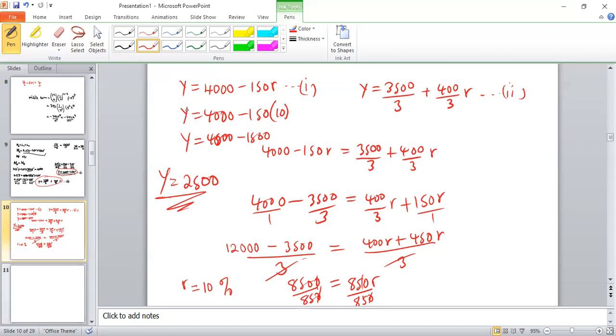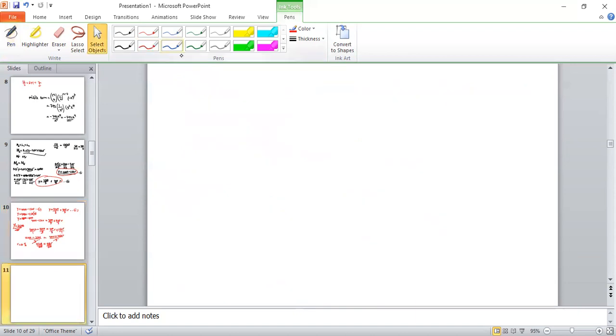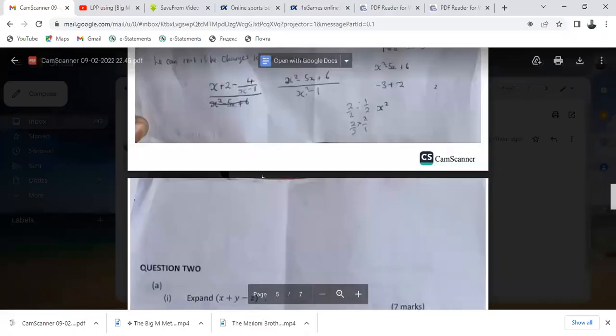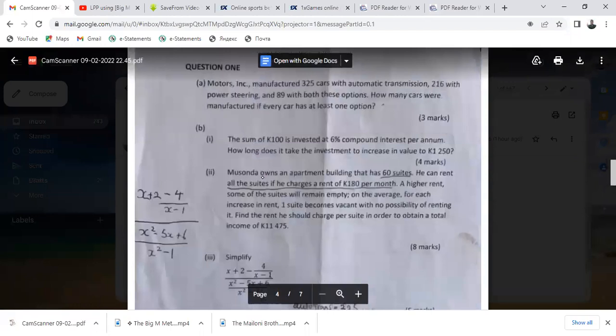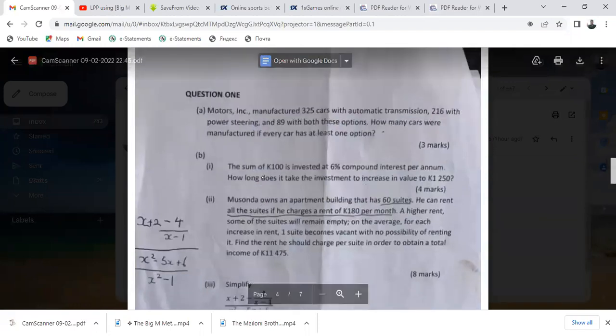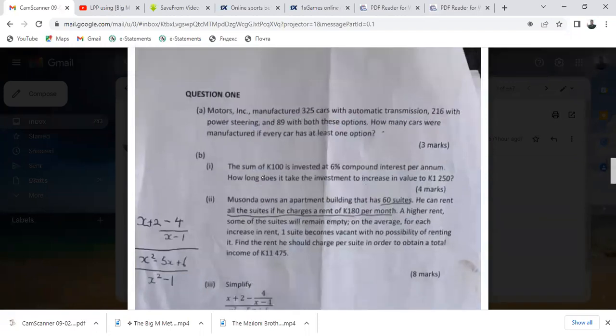Okay, so the question we skipped, Chomba has solved it. She shared what she solved and it's very correct. Musonda owns an apartment building that has 60 suites.